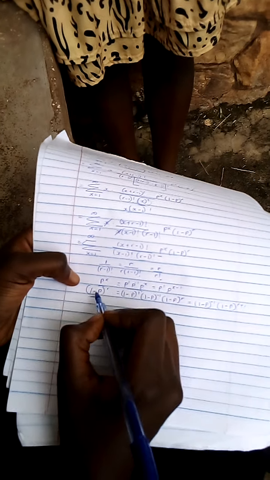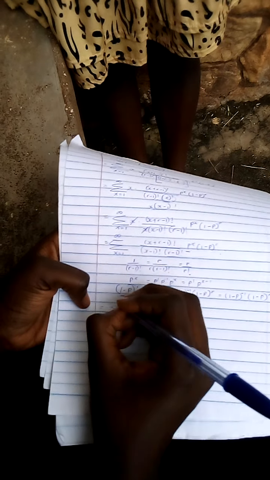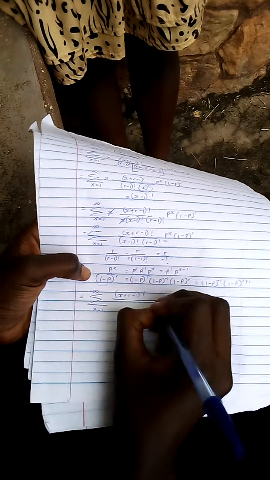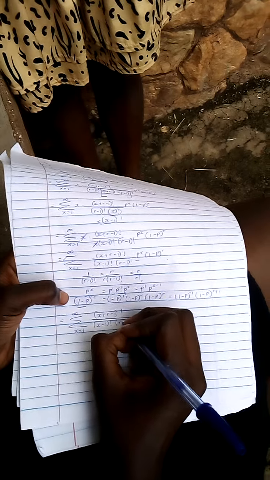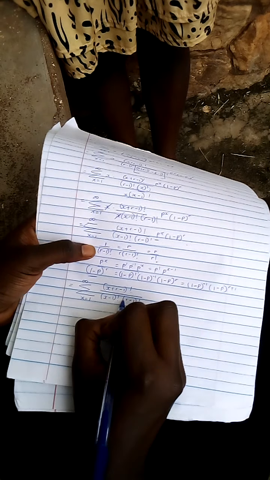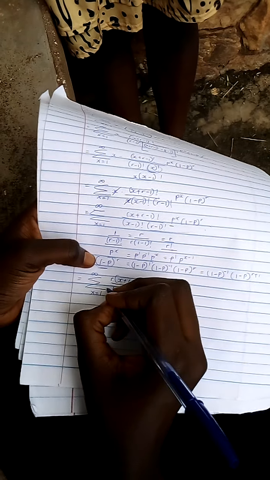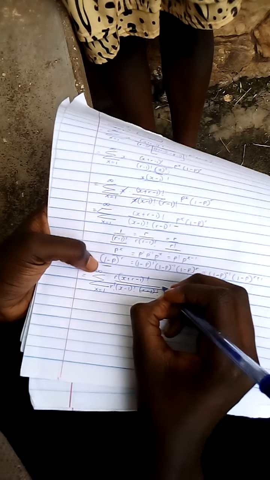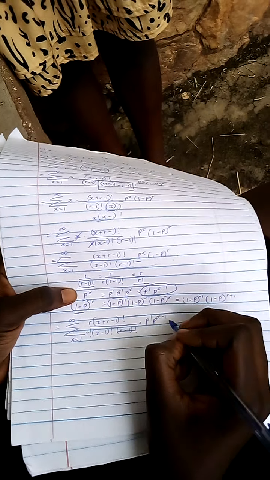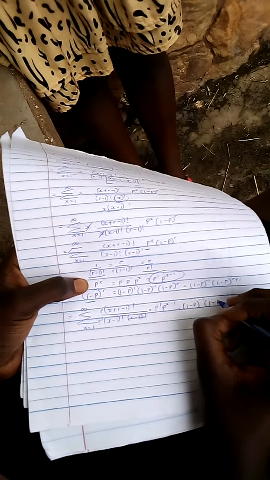So we're going to substitute this into this. Then we'll have the summation from x equal to 1 to infinity of (x + r - 1) factorial, and we're supposed to substitute this by this, so we shall have r out of r factorial times p^x, which is the same as p times p^(x - 1), times (1 - p).